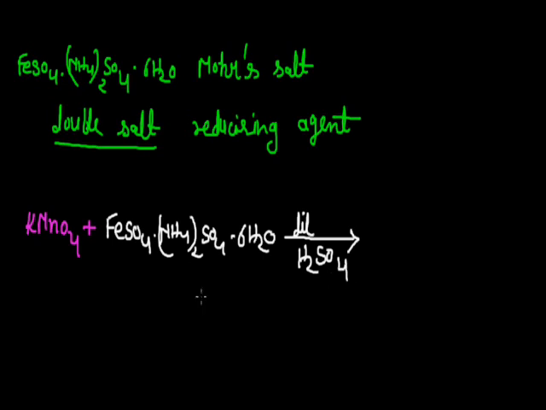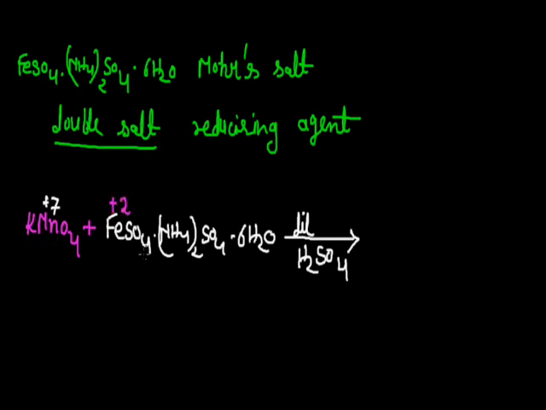Now after the reaction, what happened? In this KMnO4, the oxidation state of Mn is +7, and in this FeSO4, the oxidation state of Fe is +2.